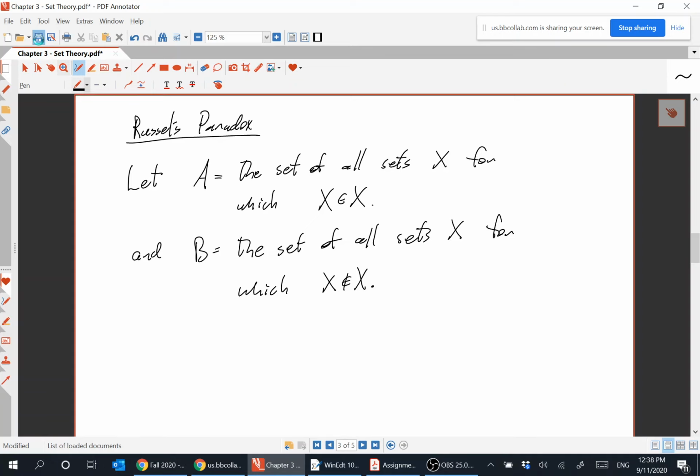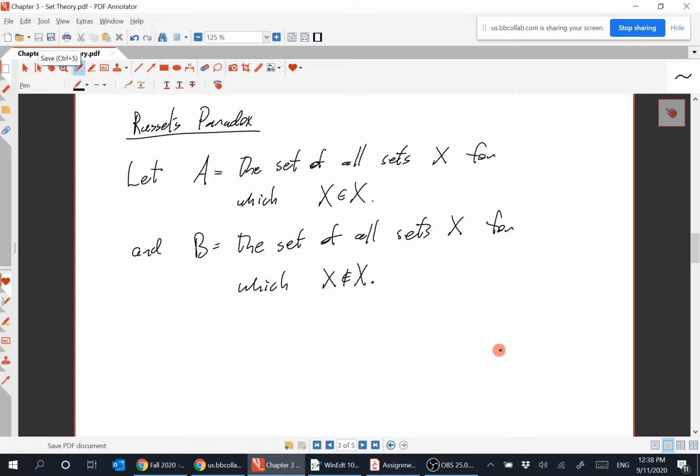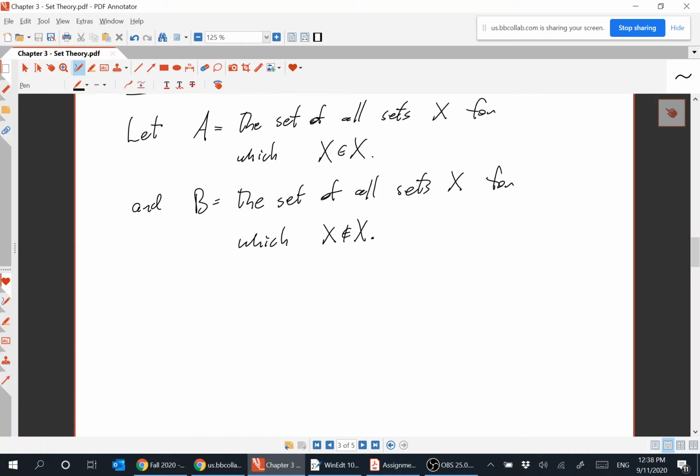Now, what's problematic about this? One of the two is problematic. Which one is it? So we ask, is A an element of A?